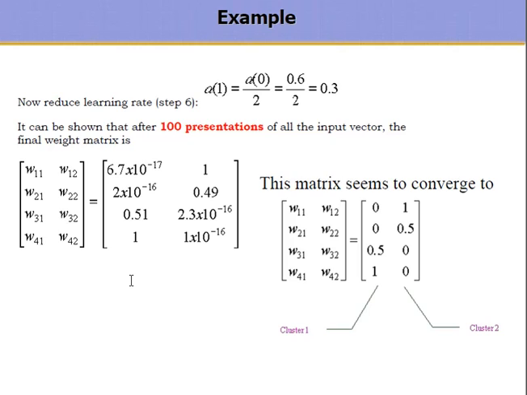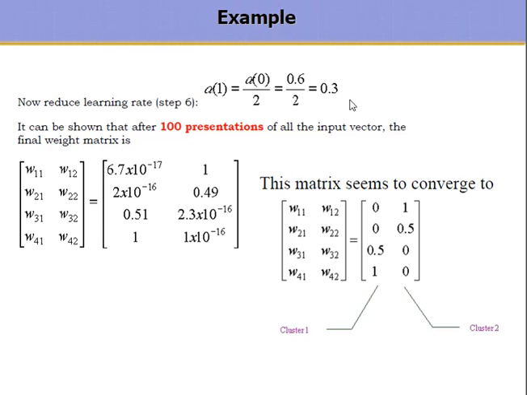So if the initial value of the learning rate alpha was 0.6, then after reducing it, it will turn out to be 0.3, and then we will repeat all the steps again, because we are repeating these steps in a loop until we meet a stopping criterion.